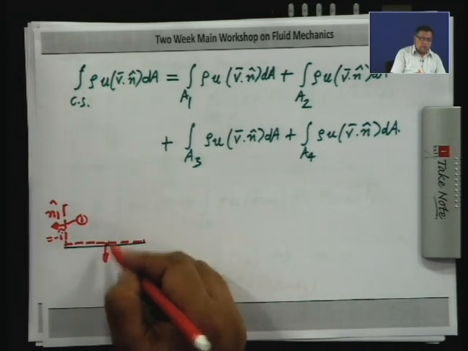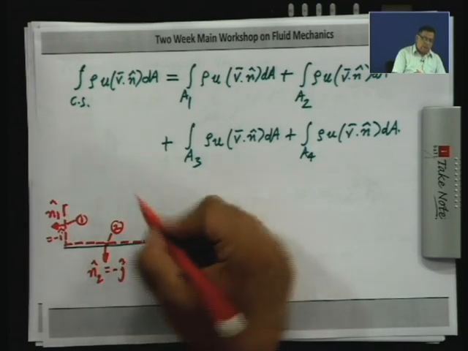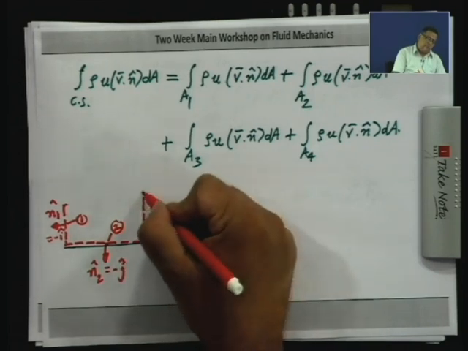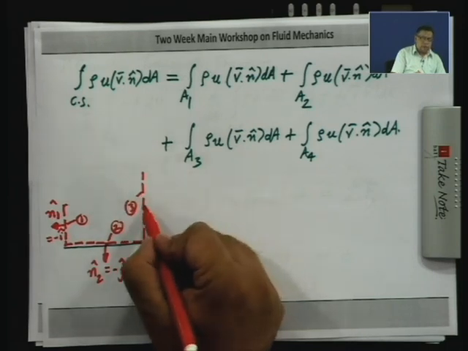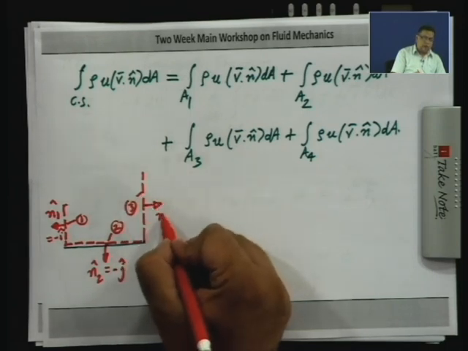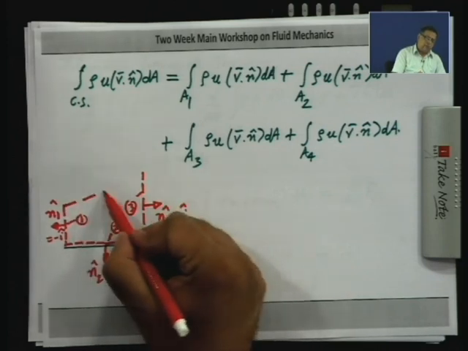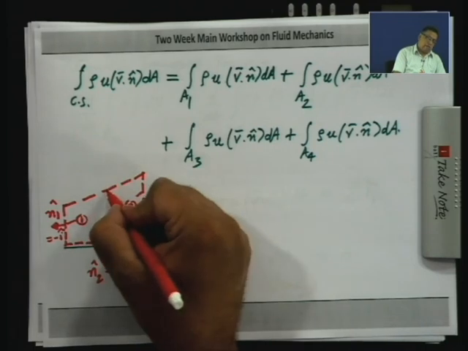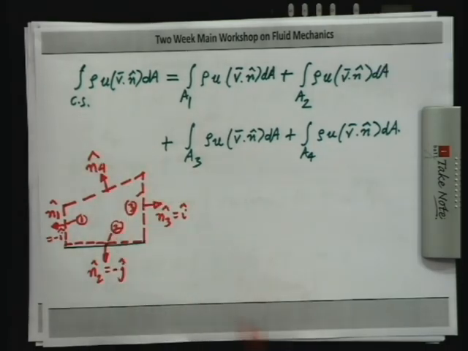Outward normal to this surface 2 is n 2, which is minus j, and then you have a surface 3 through which mass is leaving the control volume. The outward normal is n 3, which is plus i, and then you have this stream surface which is a curved surface. So, the n 4 is varying from point to point.